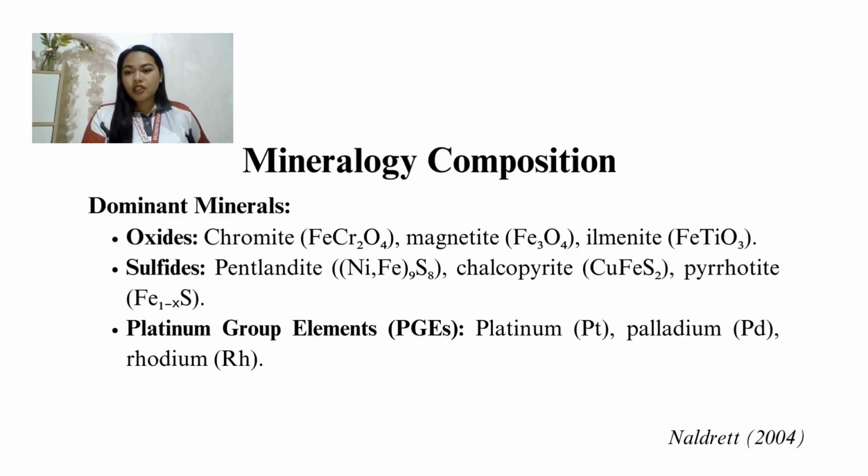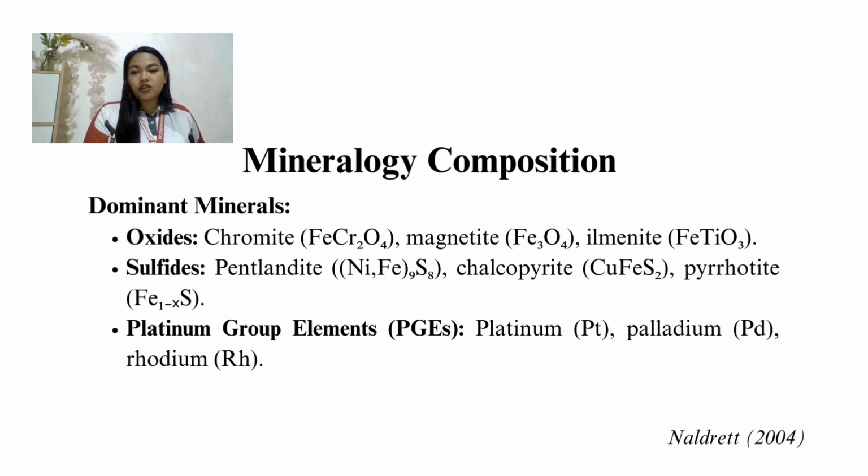The mineralogical composition of magmatic deposits consists of various dominant minerals, primarily categorized into oxides, sulfides, and platinum group elements or PGE. Oxide minerals such as chromite, magnetite, and ilmenite are commonly associated with igneous rock formation and play a significant role in the differentiation and crystallization process of magma.